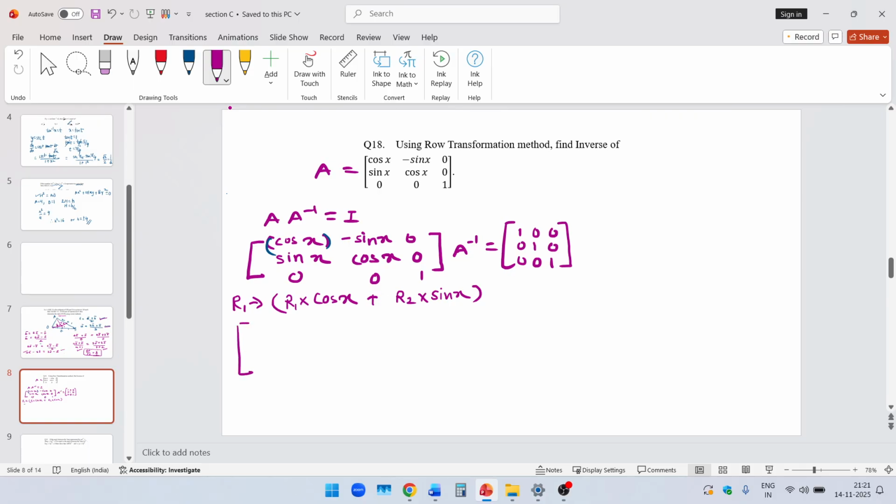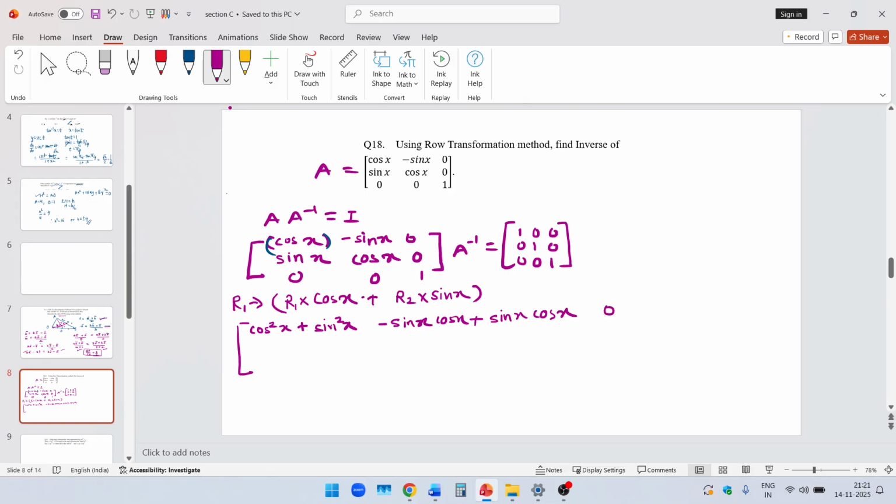So what I get is cos square x plus sin square x. The second element will be R1 times cos x, so minus sin x into cos x, plus R2 into sin x, so plus sin x into cos x.